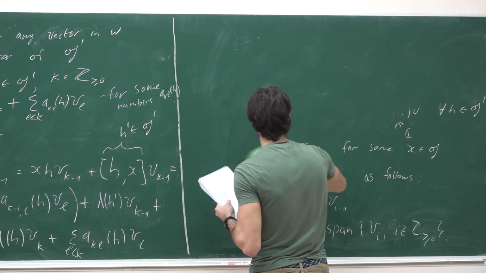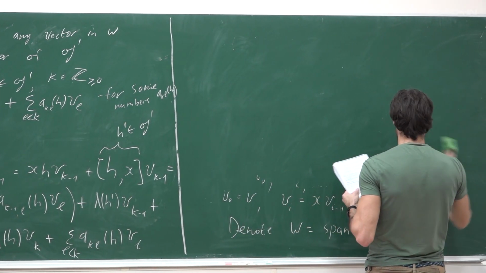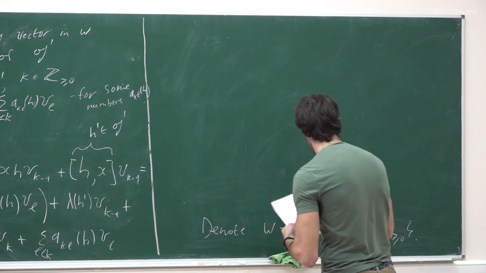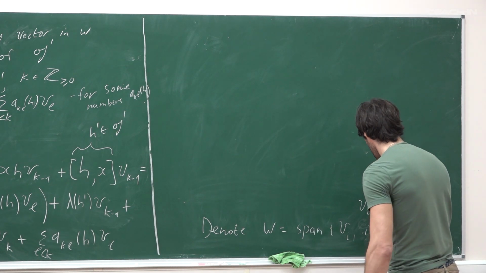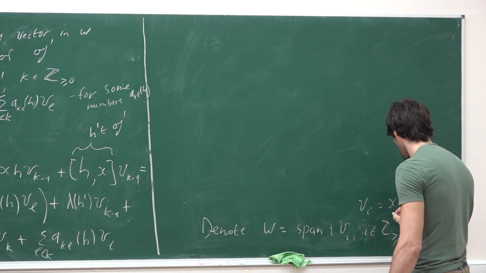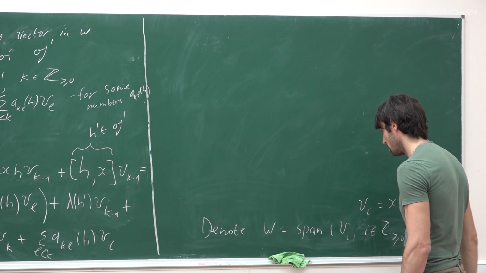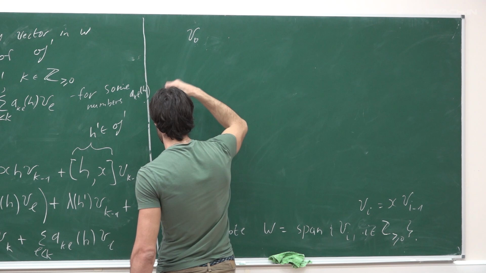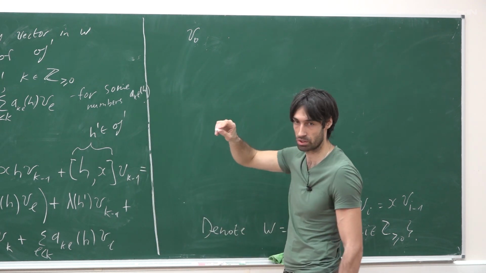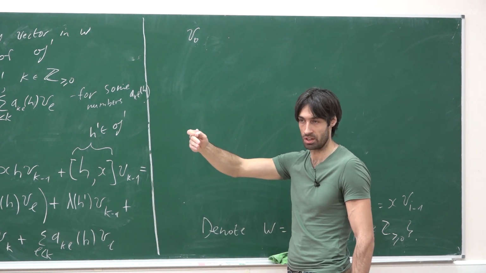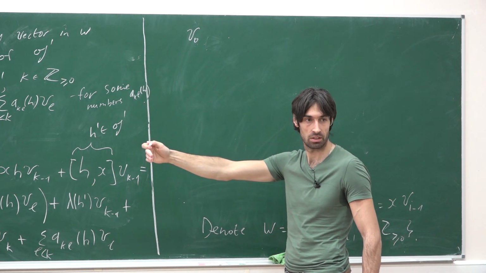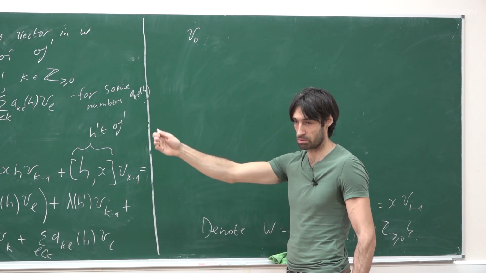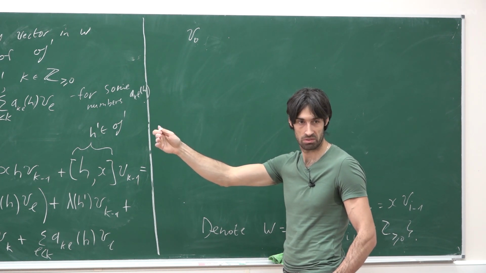We need the following observation. So we have these v_i's, right? Let me remind you, v_i is x v_{i-1}. So I start with v_0, going one by one through these v's, and at some point I will have a linearly dependent set, right? So all the vectors before will give me a basis of W, right?